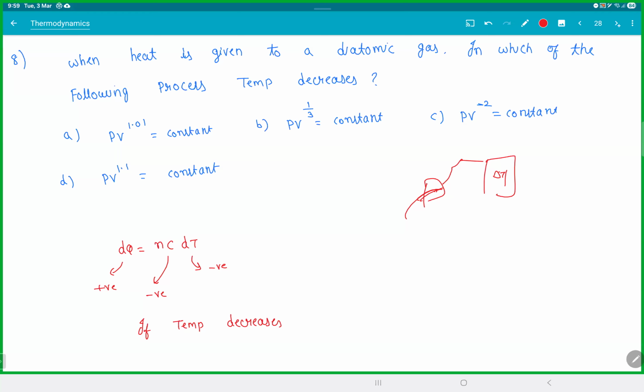You're providing heat, but somehow the temperature of the gas is decreasing. So these systems have negative molar heat capacity. So simple. So in these four processes, you need to find which one gives you a negative molar heat capacity.